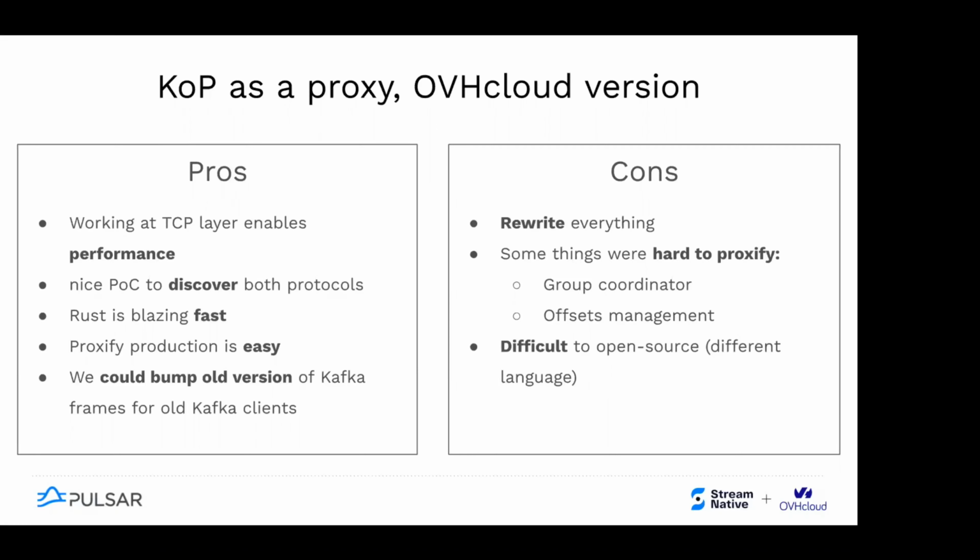The bad part is that we had to rewrite everything in Rust. And there was something that was really hard to proxify. I will get to it, but group coordination and offset management are really difficult to proxify. And one thing that was bothering us is that it was really difficult to open source it, because it was written in a completely new language and not in Java.